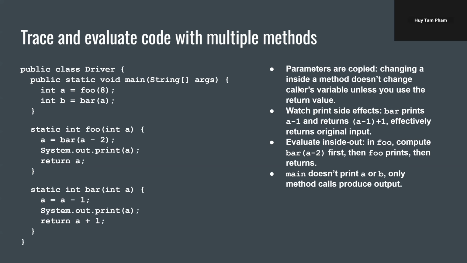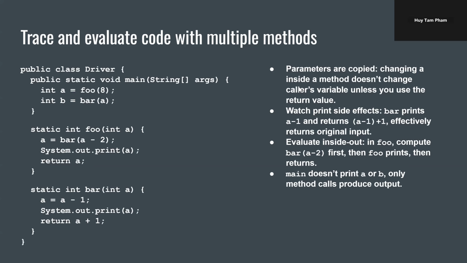But then the value a is going to be equal to the input, that is another a, minus 2, that is 6. Then it's going to execute bar 6. The first line of the bar method is going to subtract from the number 6 to get 5.